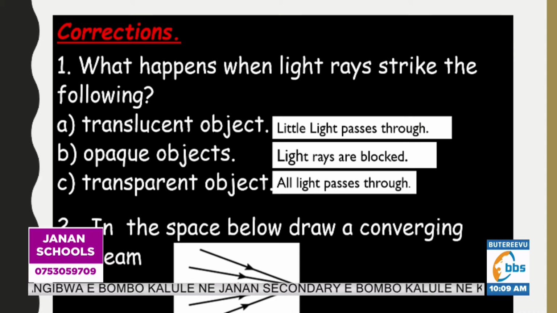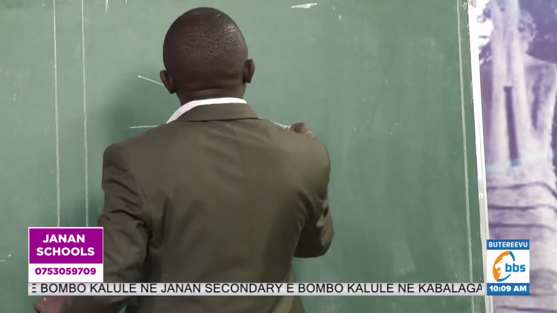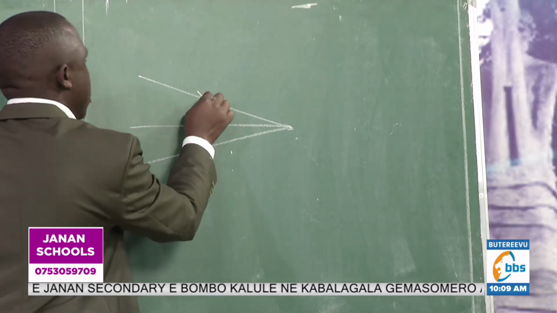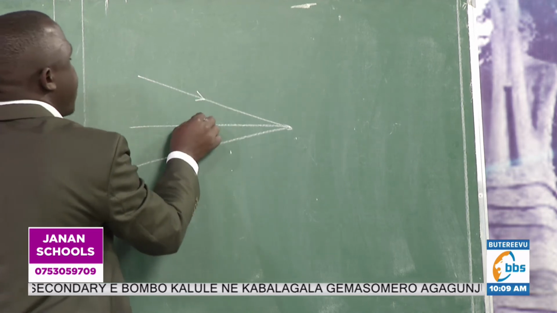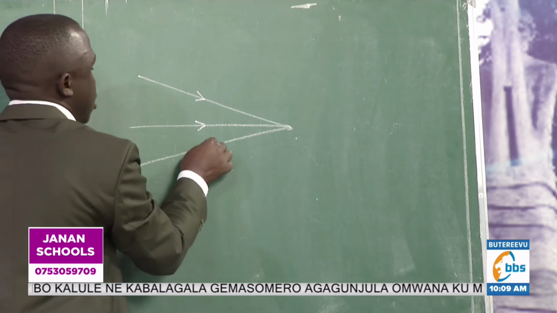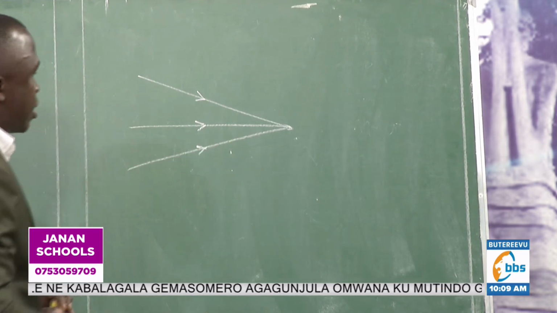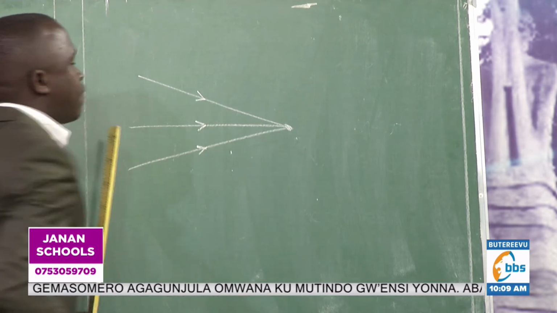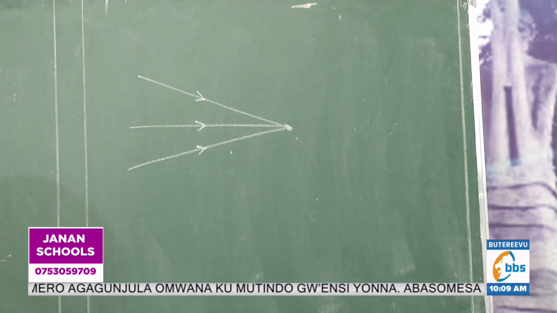That's the point of focus or the focal point. In other words, they are converging. They move from different directions, and all of them meet at one point. That is how it looks if you're asked to draw the converging beam.